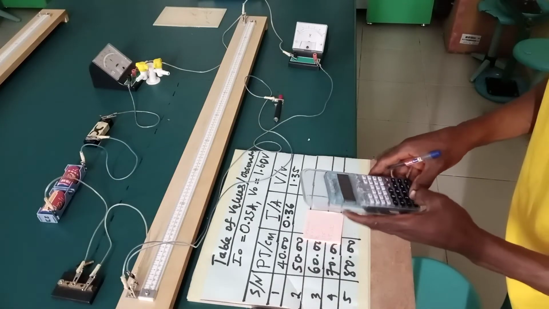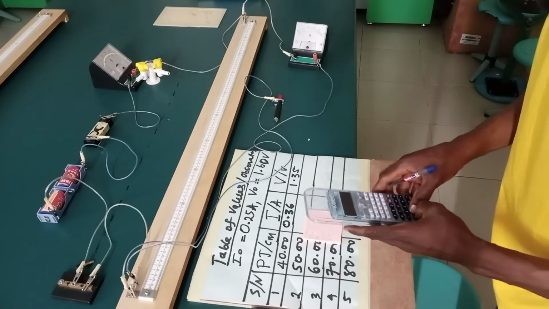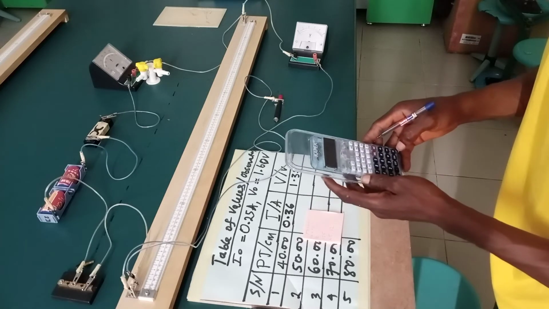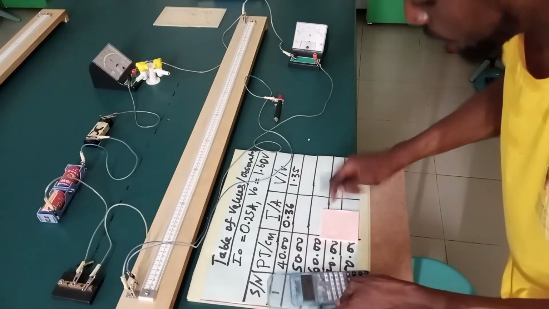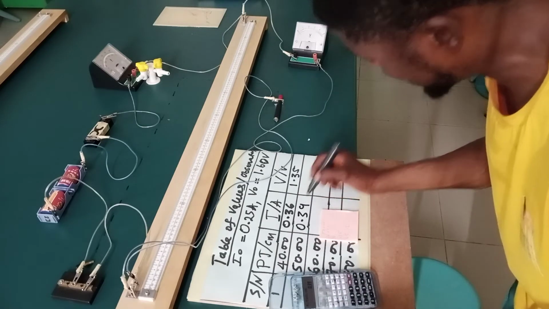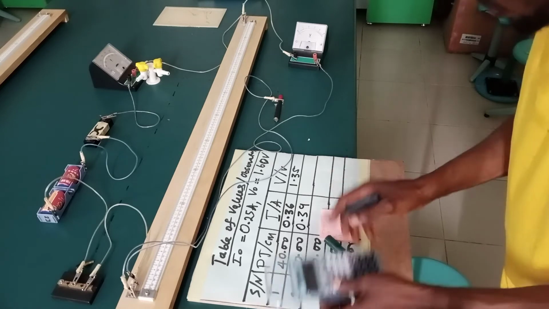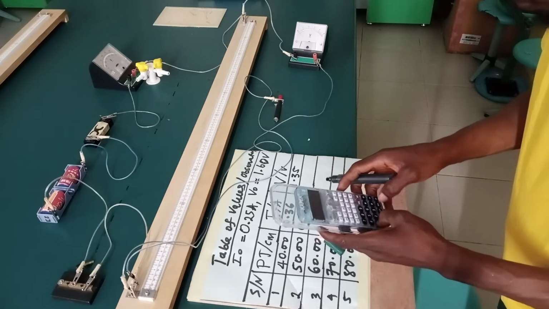So 6.5 times 0.06. I have the value here is 0.39. So we have 12 times 0.1.